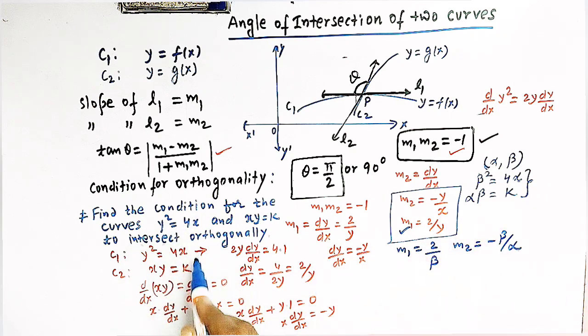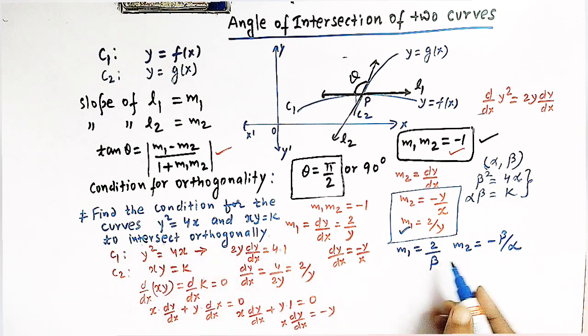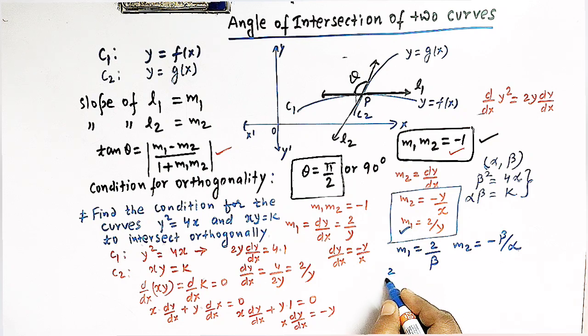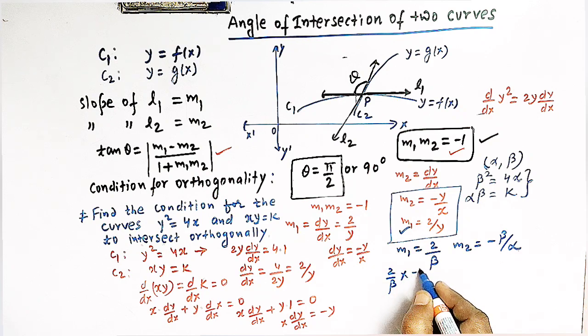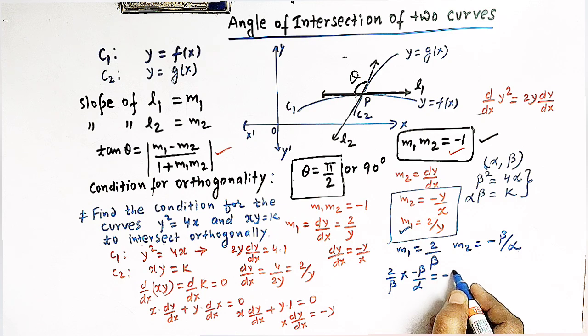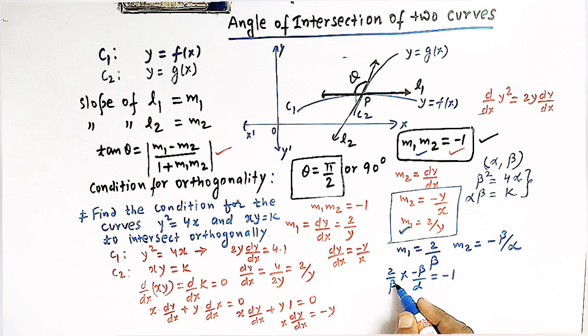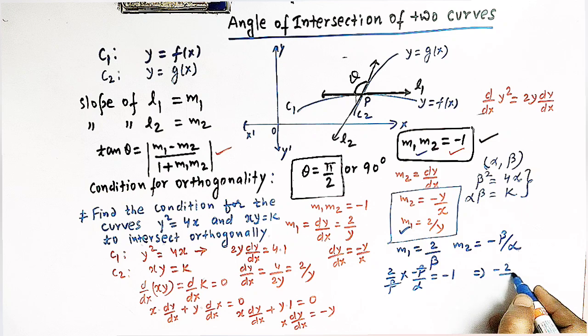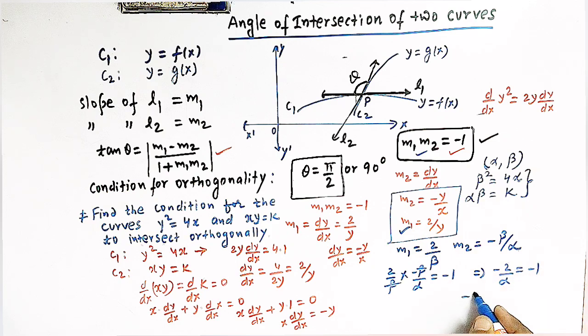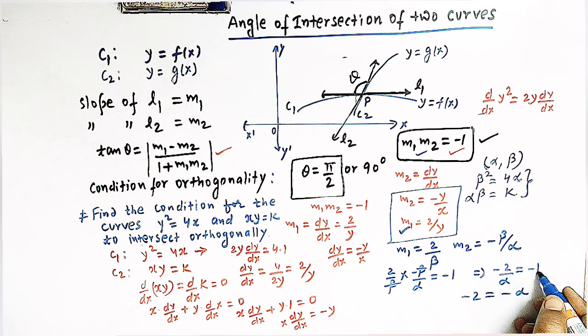And since these two curves intersect orthogonally, the product of the slopes must be equal to minus 1. So we have 2 over beta times minus beta over alpha is equal to minus 1, substituting the values of m1 and m2 in this condition, right? So beta and beta get cancelled, and we have from here minus 2 over alpha is equal to minus 1. So minus 2 is equal to minus alpha. So multiplying by minus 1, minus and minus get cancelled, so alpha is equal to 2, right?